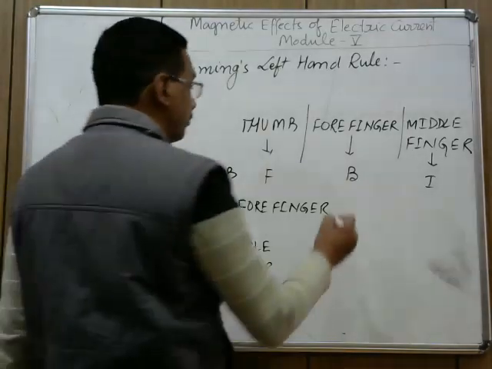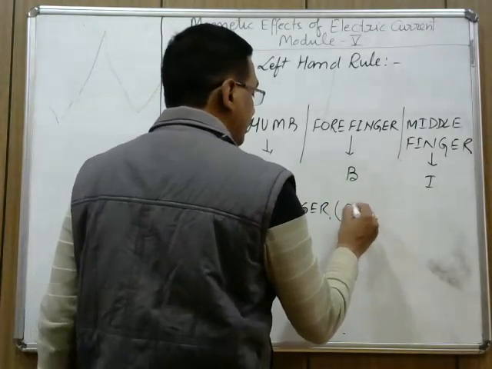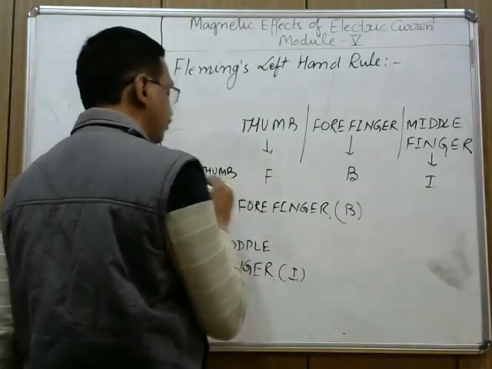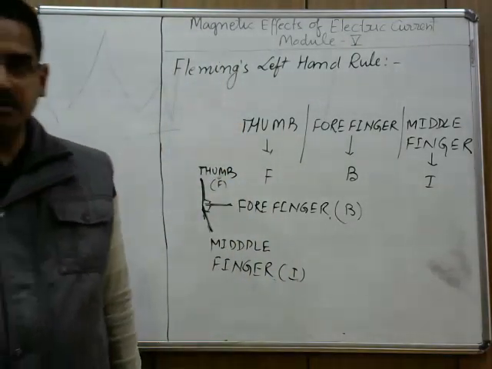Clear? Forefinger, again I am telling you, corresponds to magnetic field, middle finger corresponds to current, and then thumb will correspond to force. This is a conditional statement.